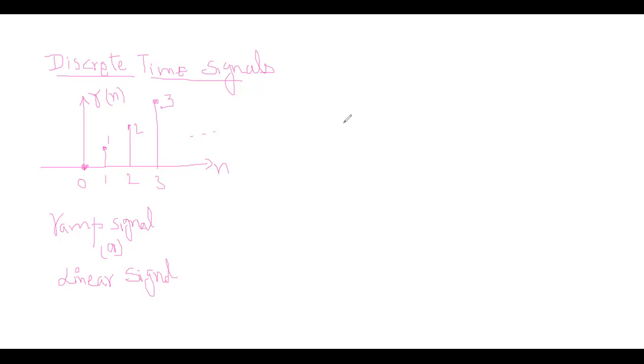Now the folded function, r of minus n. If folded at 0, 0 is 0 only.